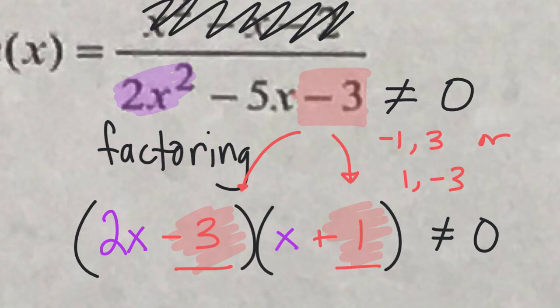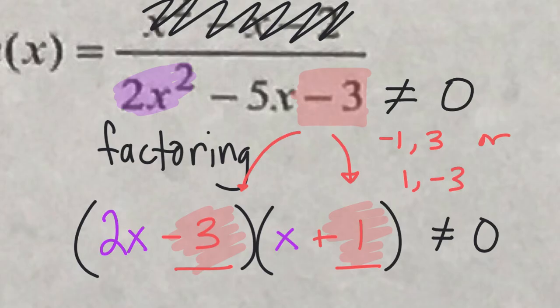There's your -3, but then we need to do the O and the I to get -5. So 2 times 1, that's 2x, and then -3x. I don't think this is going to work out. Do you think it's going to work out? What is -3x plus 2x? Well, it's not -5x, right? So that means we got our factors wrong.